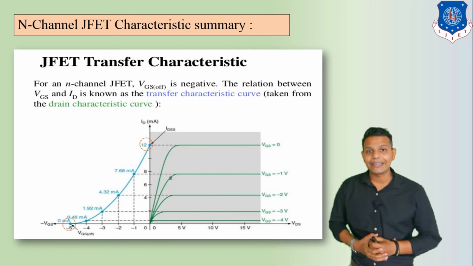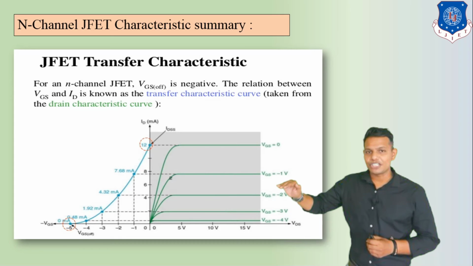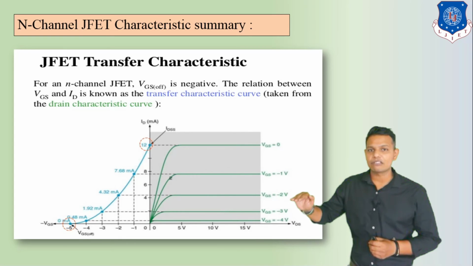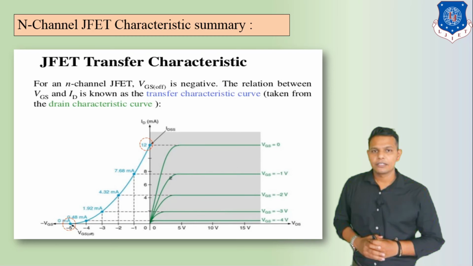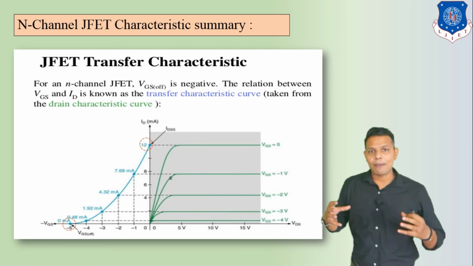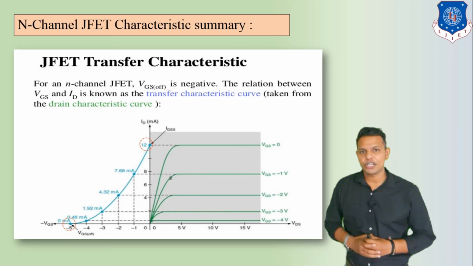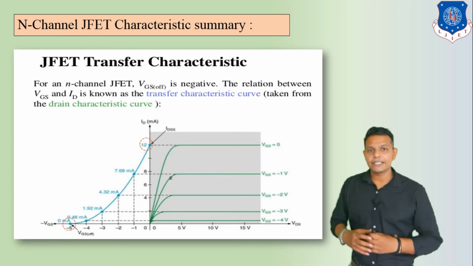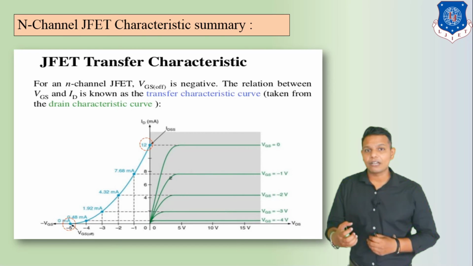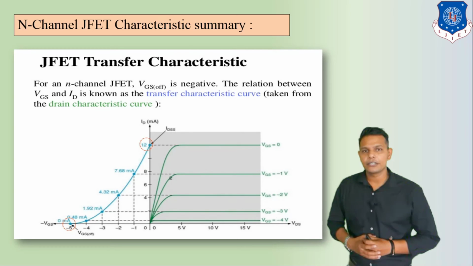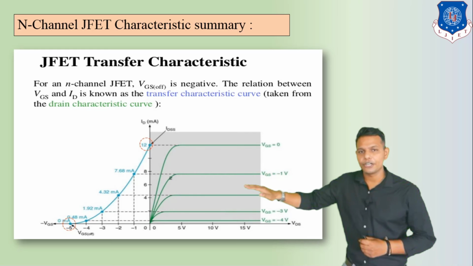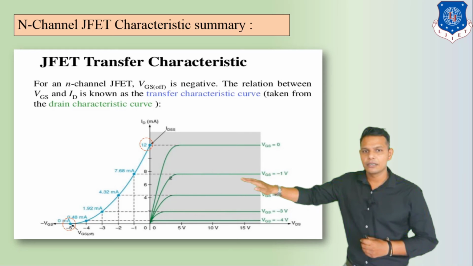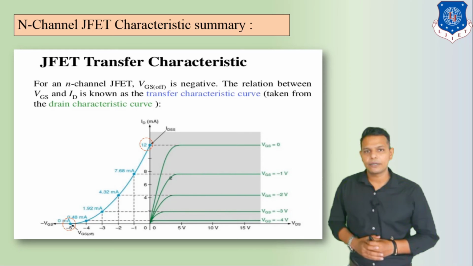If we gradually decrease the VGS value to the negative side, VGS equal to -1 volt, that means the depletion region penetrates more into the N channel, and that becomes an obstacle for the flow of drain current. So the drain current is reduced, and it becomes 7.68 milliampere.